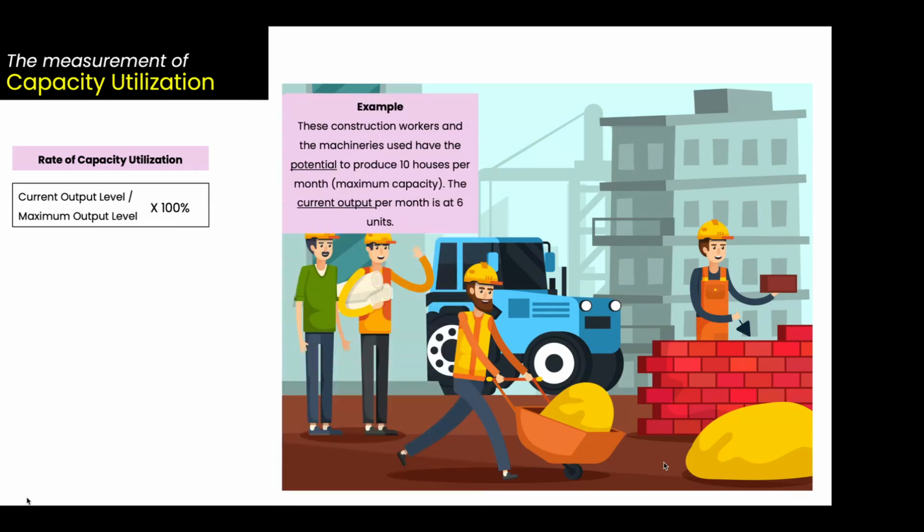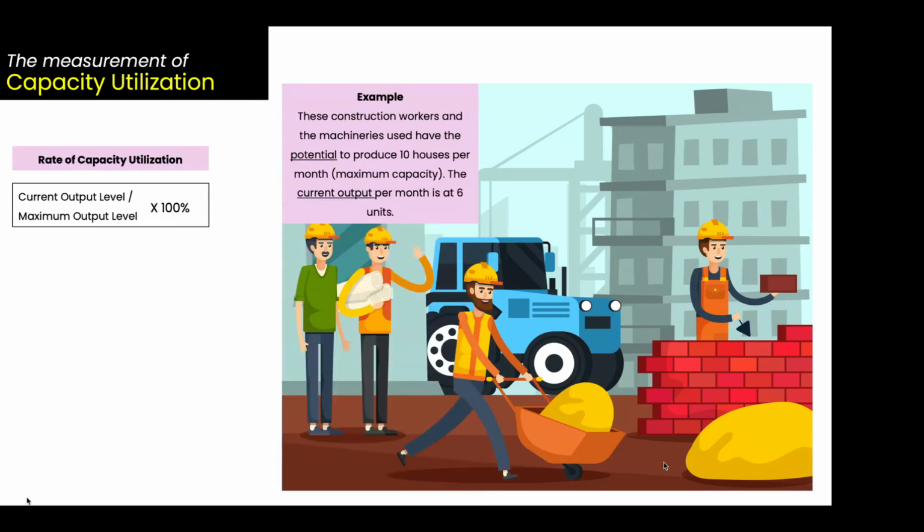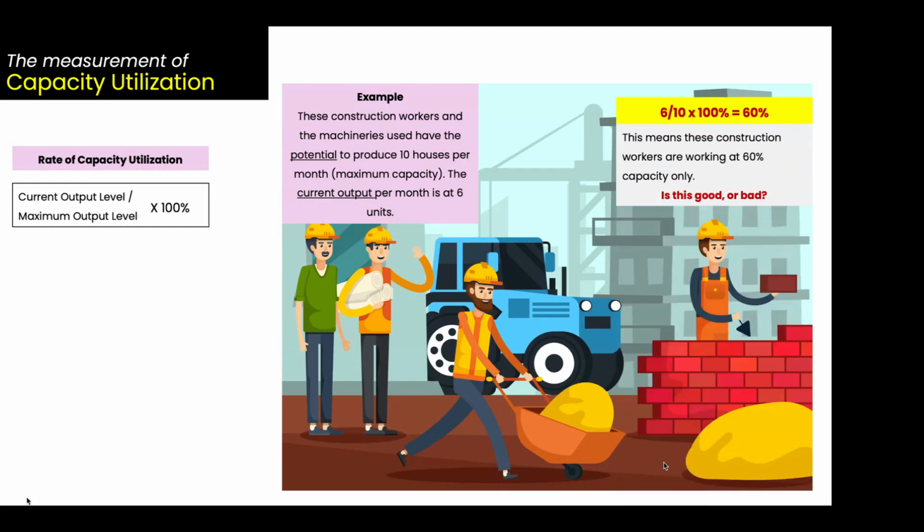Let's just assume that. If the current output per month is 6, it's the same as your assignment example: you're able to produce 3 but you only complete 2. In this case, the current output is 6 units, so the capacity utilization is 60%, because 6 out of 10 gives them a 60% CU rate, or capacity utilization rate.